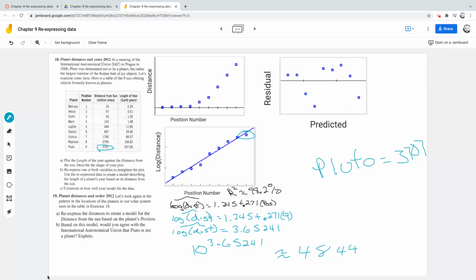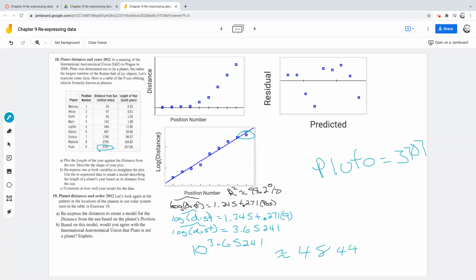So when we look at it based on the scale and we do a bunch of the statistics, what it boils down to is we have to take the predicted value and compare it to the actual value. So if I were to do a residual plot of this here, you could see that Pluto falls short distance-wise, like significantly short, like 1,000 miles short, or 1,000 million miles short.